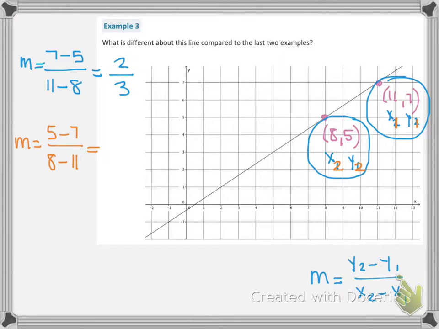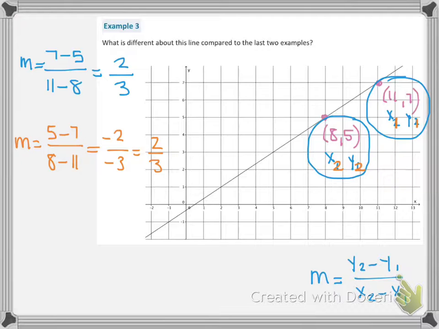I get -2 divided by -3, and a negative divided by a negative is positive. So my slope is 2/3. No matter how I set it up, as long as I use two points on the same line and stay consistent, corresponding with my x and y values from each point, I'm going to be able to calculate slope.